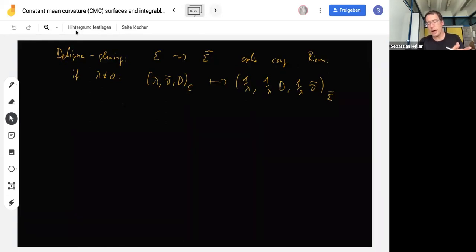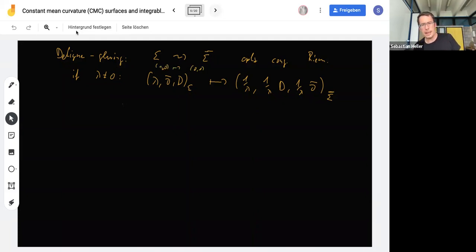But the 1,0 part with respect to sigma is a 0,1 part with respect to sigma bar. So this construction, sigma goes to sigma bar, maps 1,0 to 0,1 parts, and vice versa. So the 0,1 part on sigma is mapped to the 1,0 part of sigma bar.